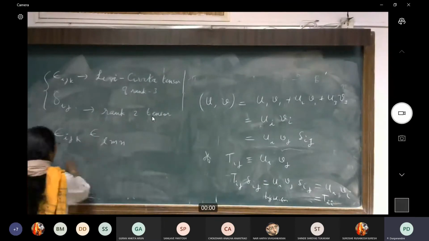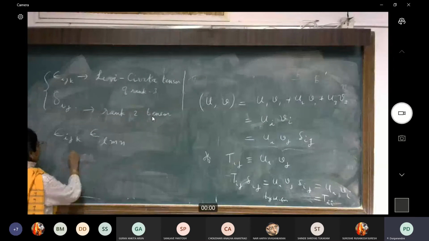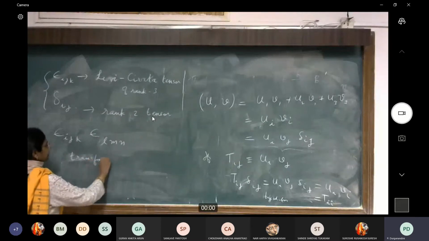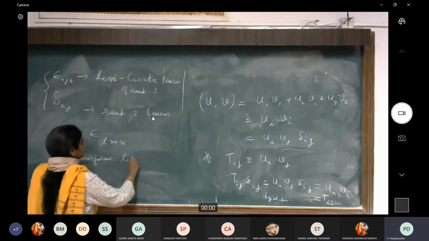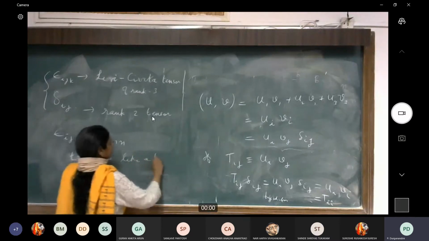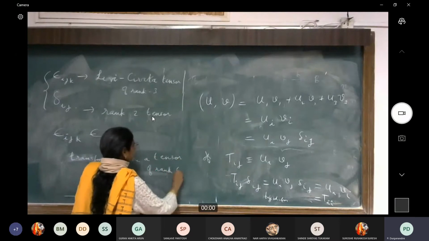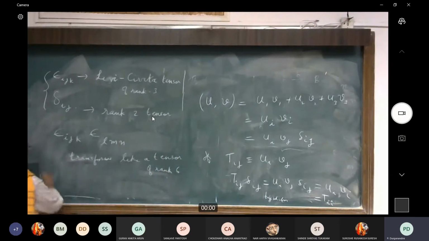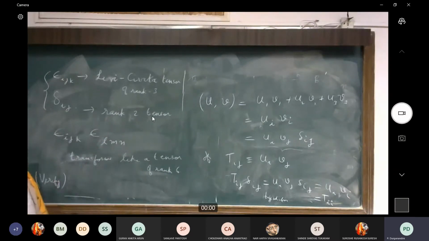So this transforms like a tensor of rank 6. So you can verify this for yourself. For the verification, all that you need to do is take the definition and show it.